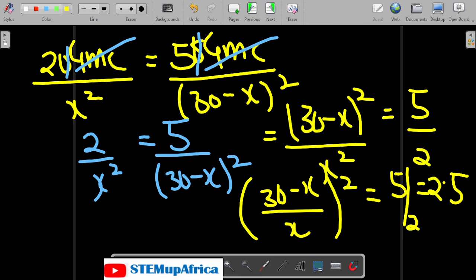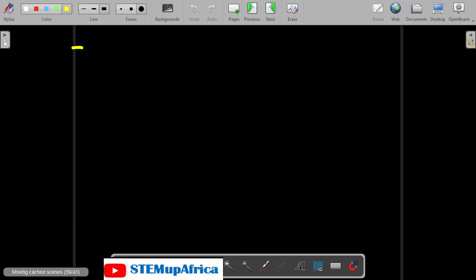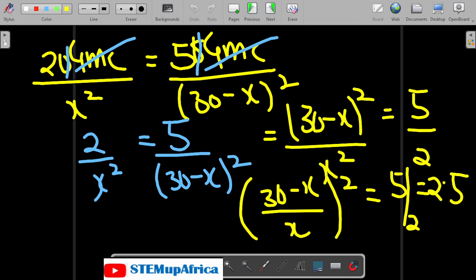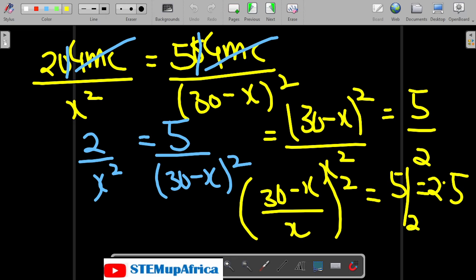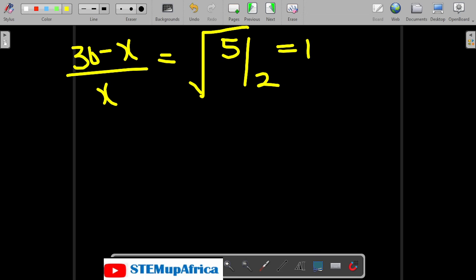So let's make (30 minus x) over x the subject of the formula. What are we going to have? 30 minus x over x equals the square root of 5 over 2. What is the square root of 5 over 2? We are going to have 1.58.